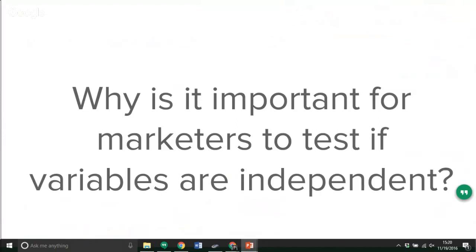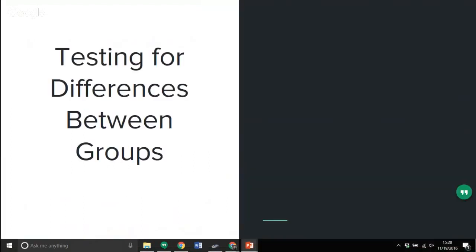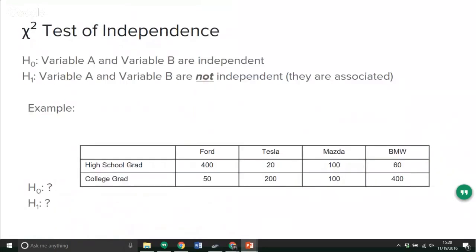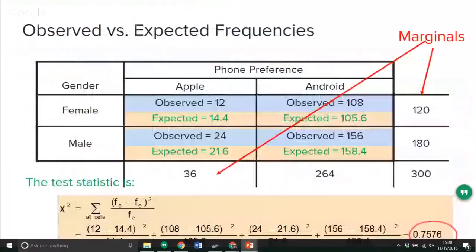If they're not related, then we don't have to worry about potentially using them for a market segment. But if they are related or they're dependent on each other, then this could help us look at which cells, which groups are actually dependent on each other. It would be the same chi-square statistic, observed minus expected, squared, divided by expected.